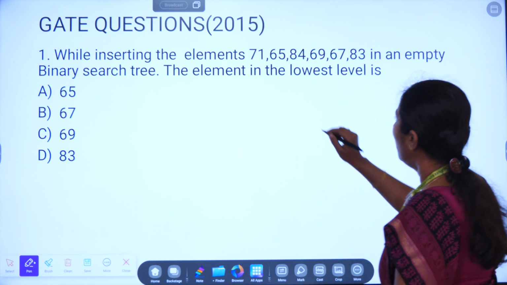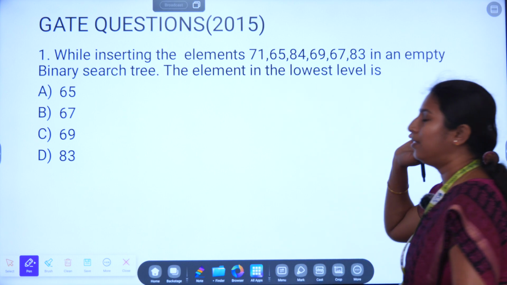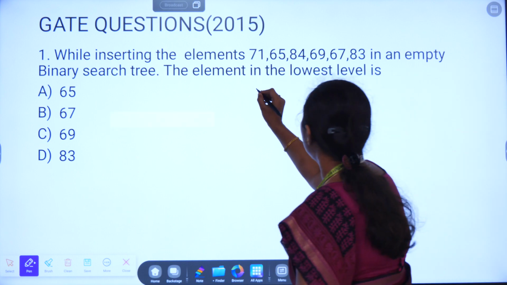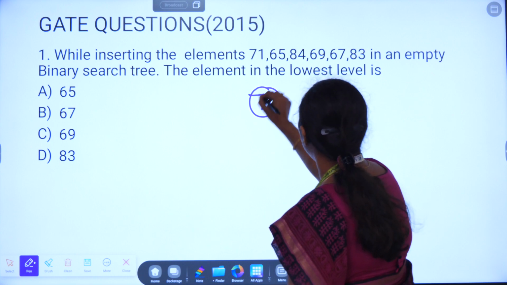Okay, we can start off with the binary search tree construction. The first node always will be the root node over here. So 71 will be the root node.